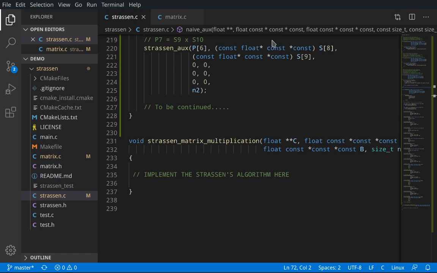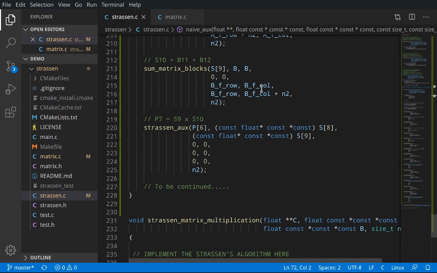So we can go back to the code. This is the code.